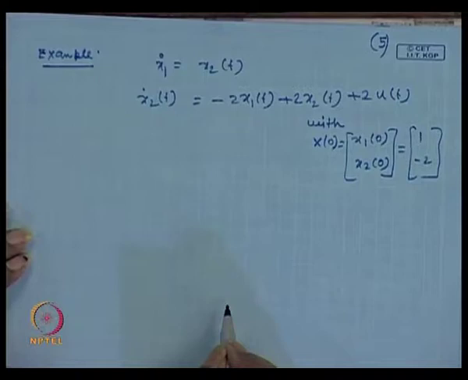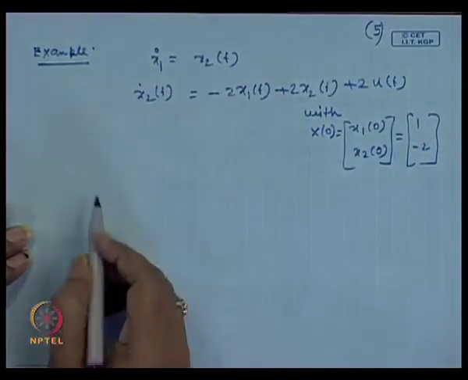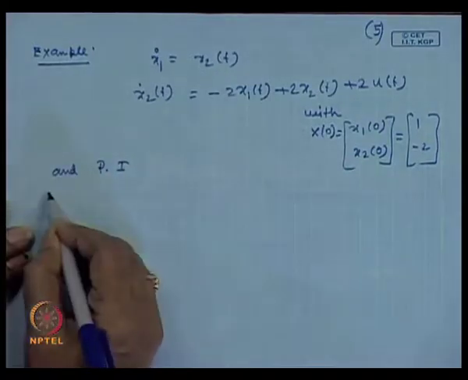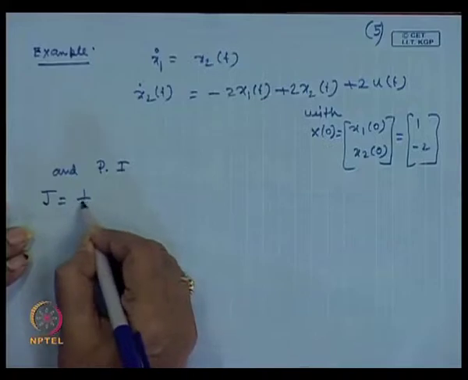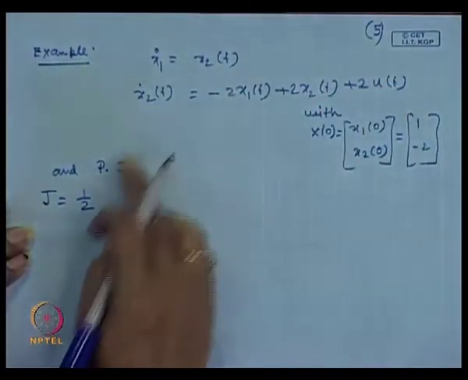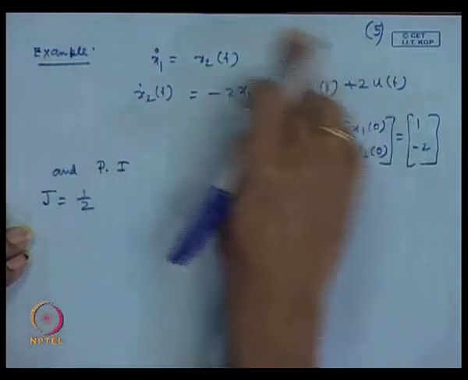So, our problem is to find a controller u such that this performance index is minimized subject to the condition of that dynamic equation.